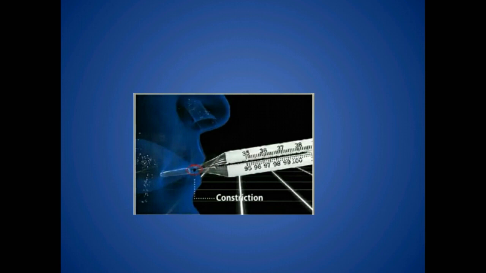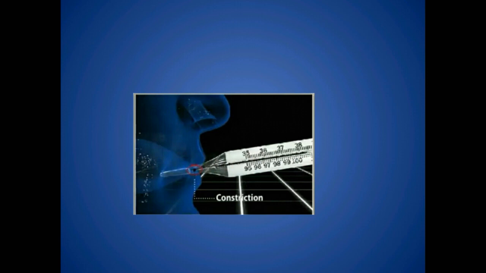So sometimes the mercury remains in that constriction. To remove that mercury from the constriction, or to reset the thermometer, you need to swing it sharply many times so that the mercury column returns to the bulb.